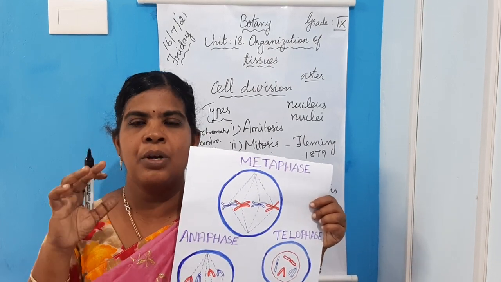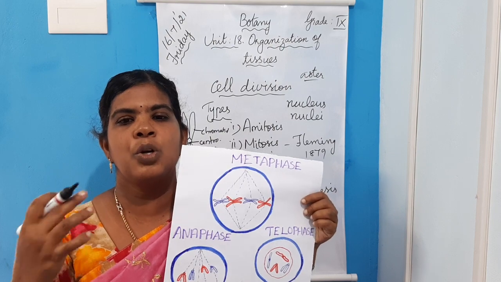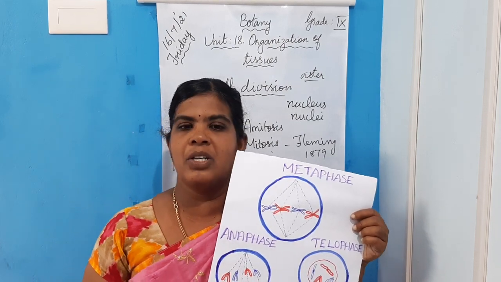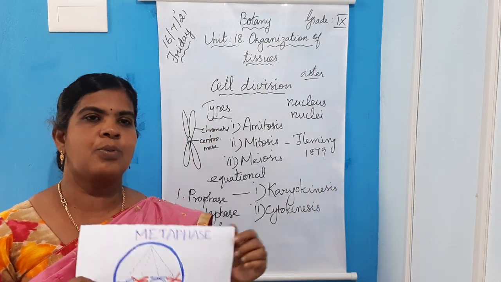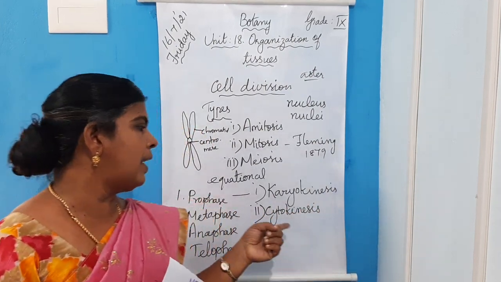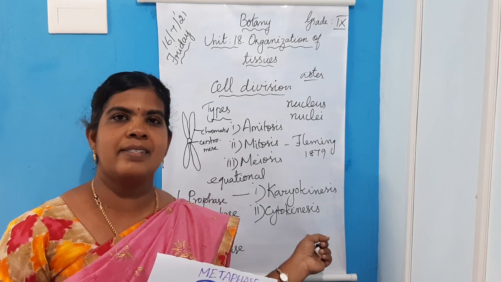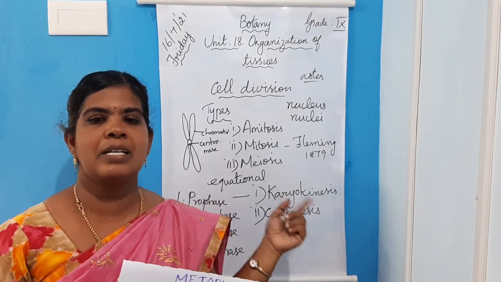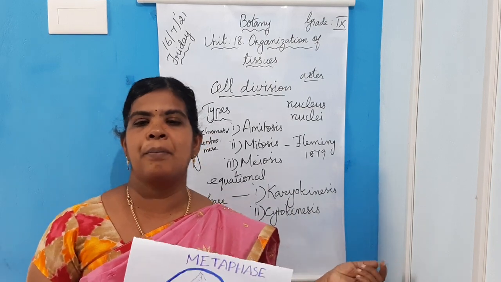Thus, now the nuclear membrane and nucleolus reappear in each daughter cell. It is followed by cytokinesis. What is cytokinesis? Division of cytoplasm, by the constriction of the cell membrane.